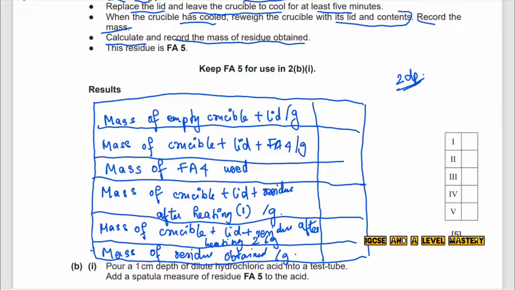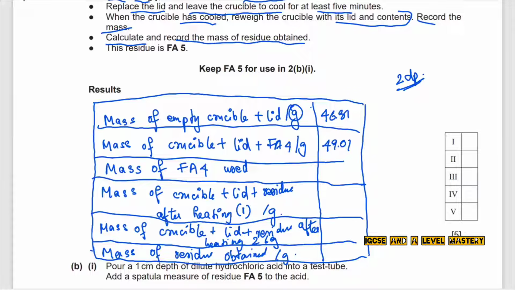So according to my experiment, the values that I got will be written in this table. I got the mass of empty crucible plus lid as 46.81. It is in grams. Grams is already written over here, so I'm not rewriting it. Then the mass of crucible plus lid and Fa4 is 49.01 grams for me.